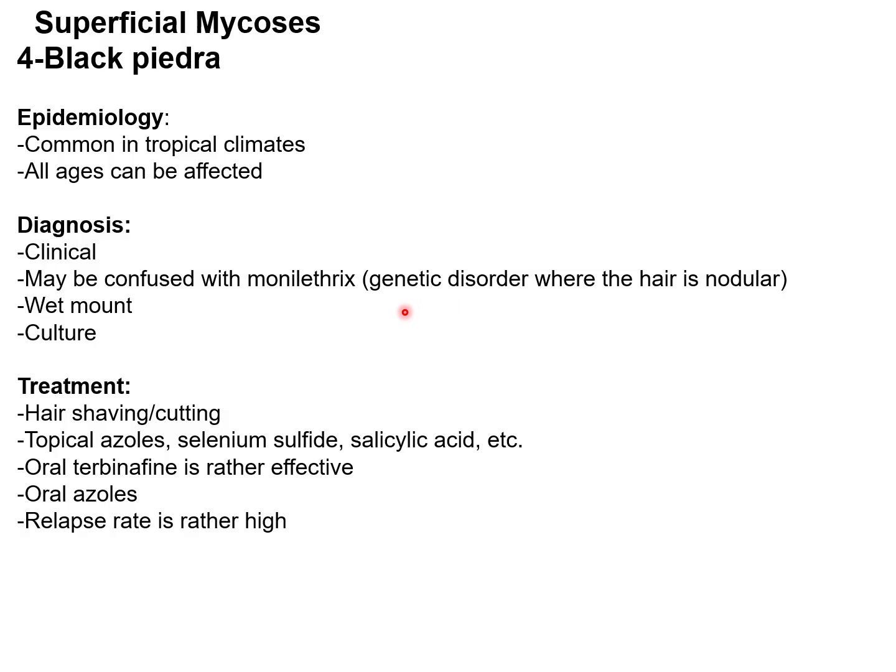There's a genetic aberration in genes that encode certain types of keratin, and so this results in nodular hair, so you have to rule that out. What you can do to do so is take the nodules, crush them under the microscope, examine them, so wet mount, and you can also perform culture.